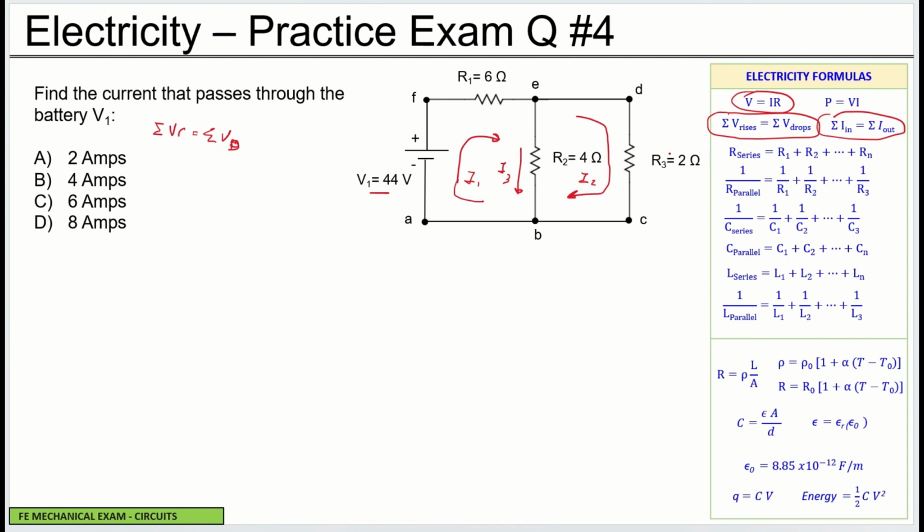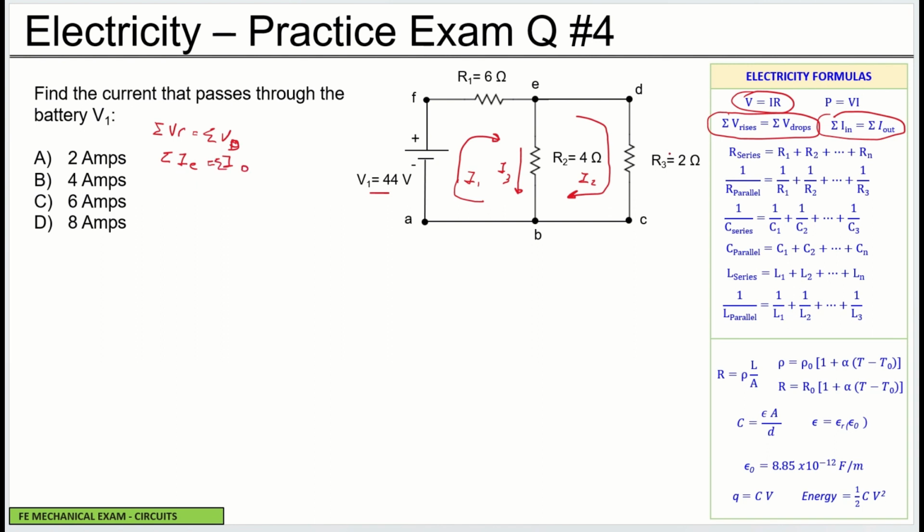I3. The other equation is the Kirchhoff current law, which says that all the currents that enter a node equal the currents that exit the node.